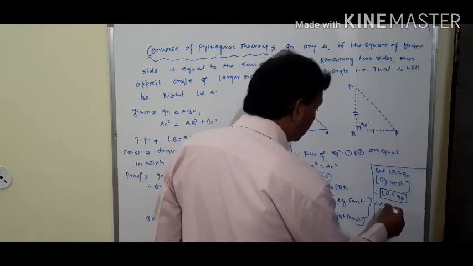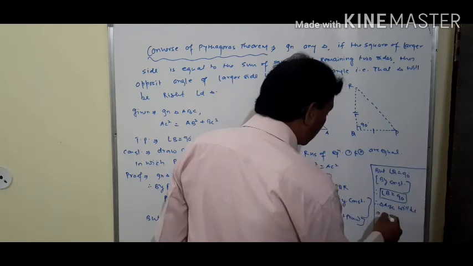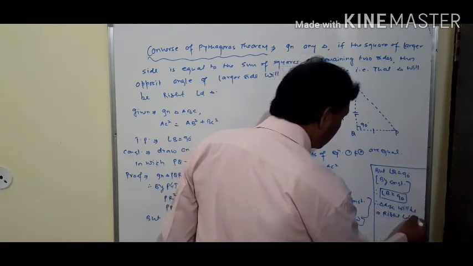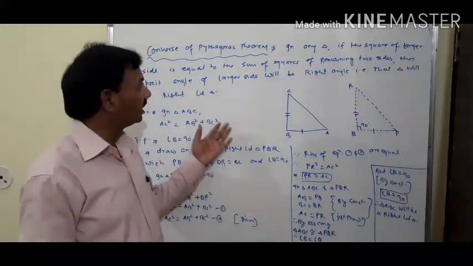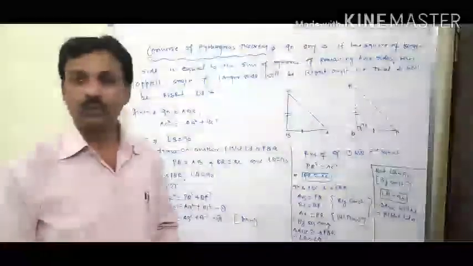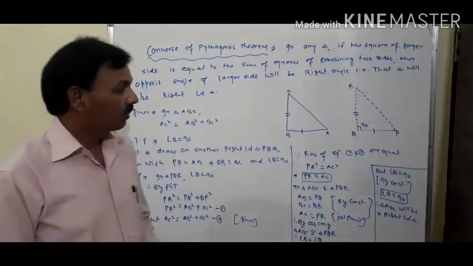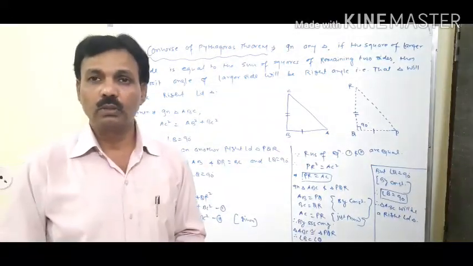Therefore, triangle ABC will be a right angled triangle. This is a very simple theorem, but this theorem is very important. Now in the next video, we will discuss another concept related to Pythagoras theorem.